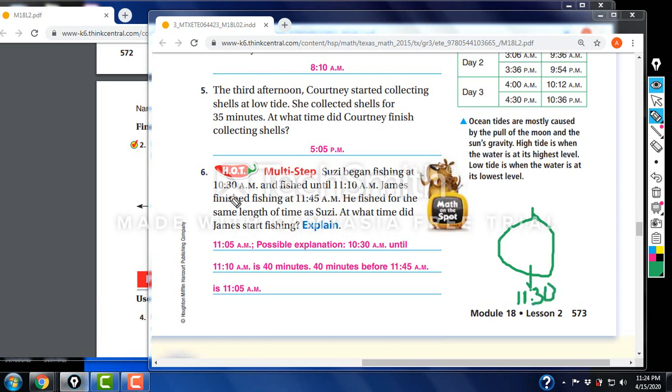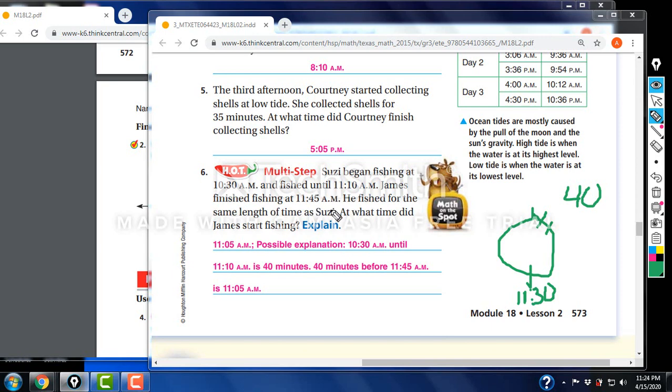If she fished until 11:10, so that 11:10 is 11, 5, 10. How many minutes was that? Well, 11:30 to get to 11, that's 30. Then 35, 40. So that's 40 minutes that she spent fishing.